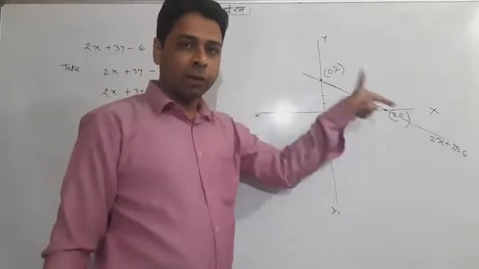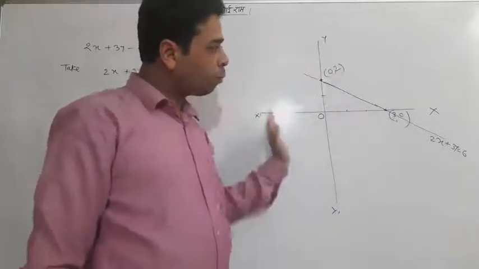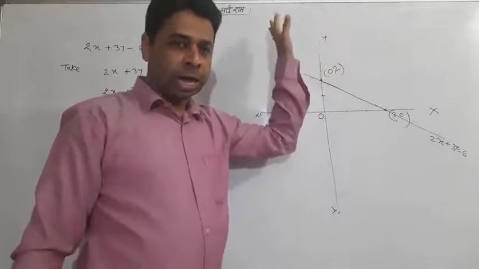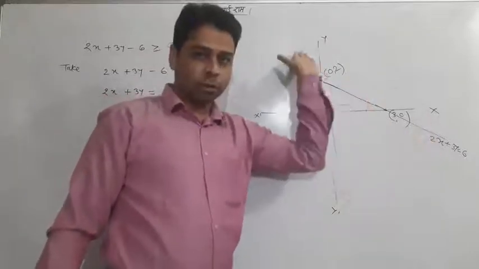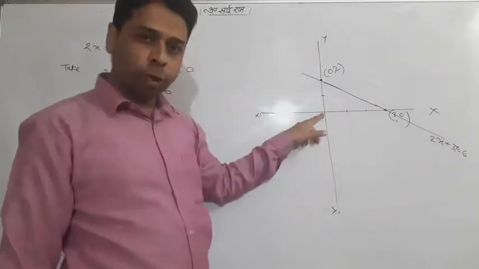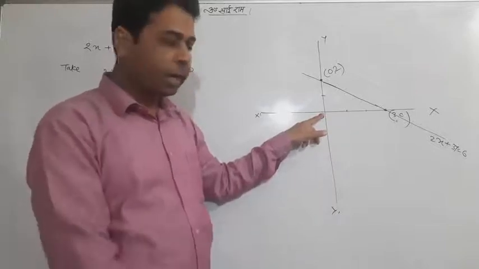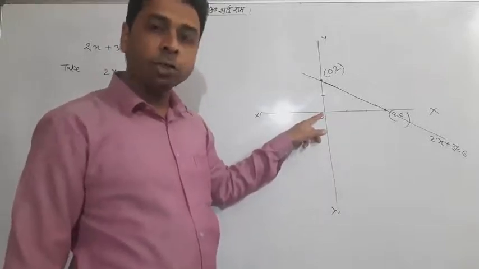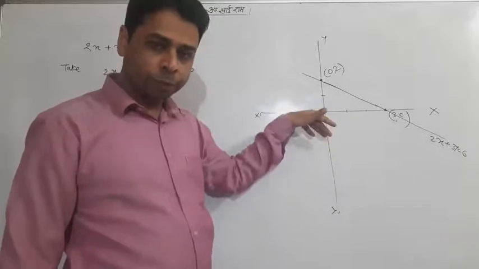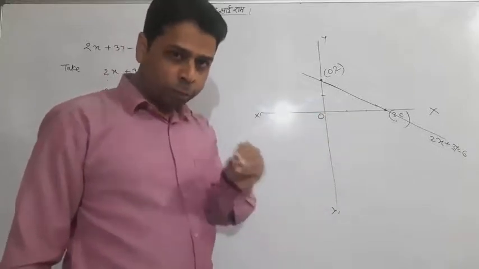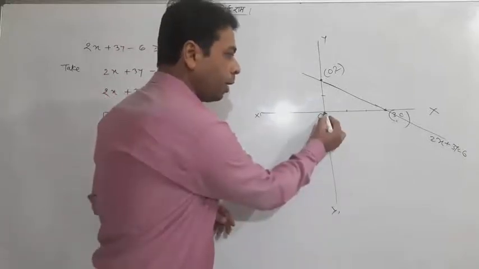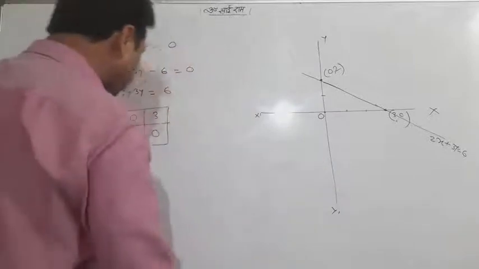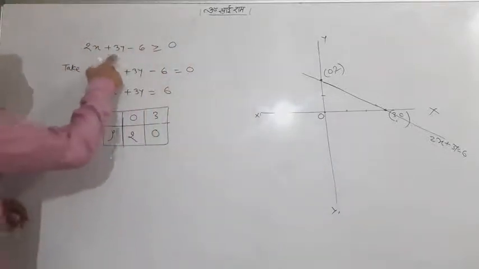We have lots of points on this board except the points lying on the line. So we have a very good point, the origin, which is clearly not lying on the line, and also it is below the line. We know the position of the origin, and it is one of the easiest points. So we take the origin.